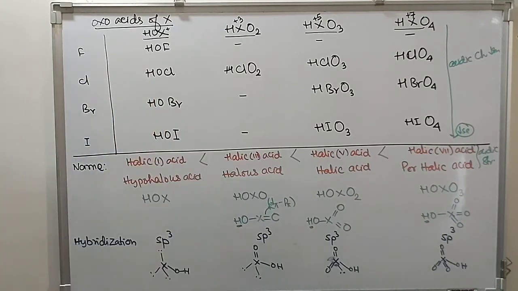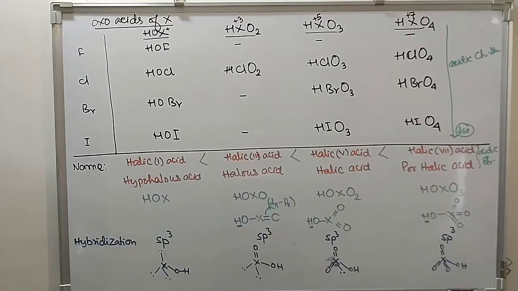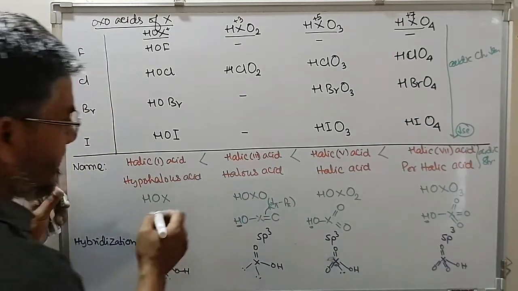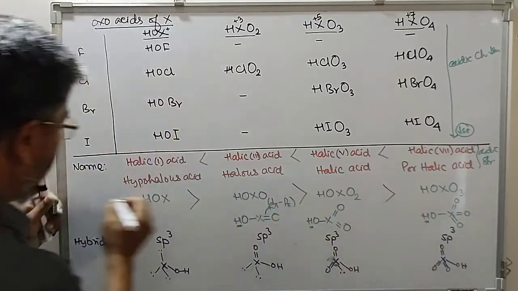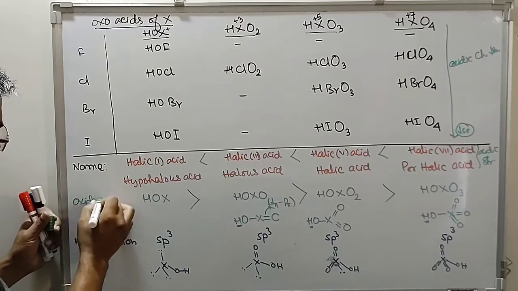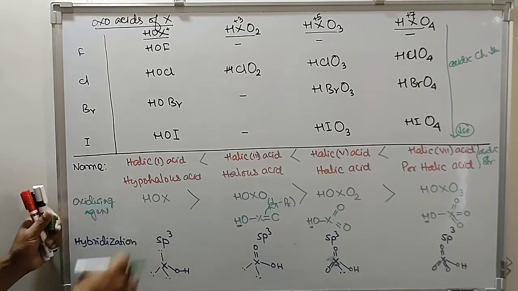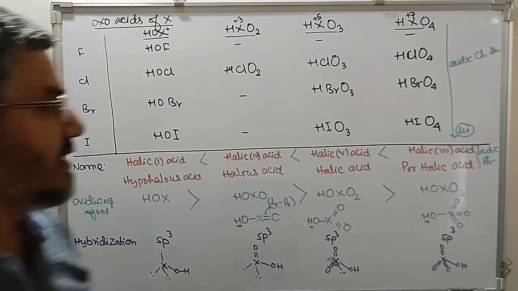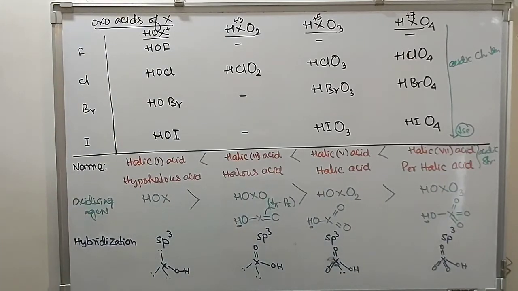These oxoacids are very powerful oxidizing agents. In acting as oxidizing agents, the oxidizing character decreases along the series. So as an oxidizing agent, HOX is the most powerful and HXO4 is the least powerful.